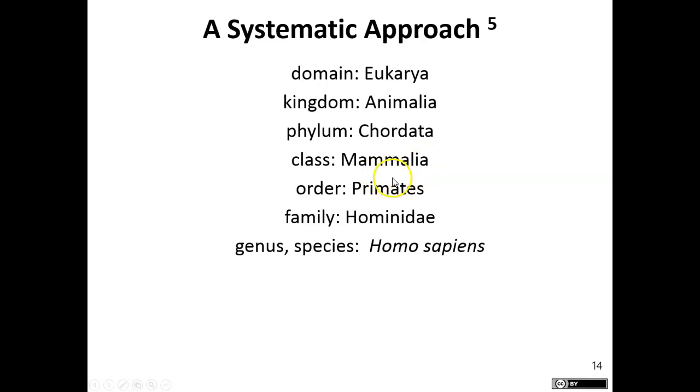We have hair on our bodies, and we breastfeed our young. Order Primata, which means we are primates, so we can walk on 2 feet. Family Hominidae, and then genus Homo, and species Homo sapien. Okay.